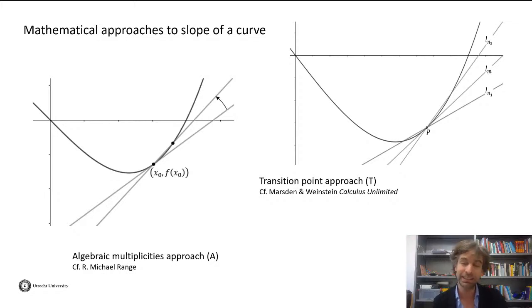But if I wriggle it a little bit, a new intersection point will show up, either above the point or below the point. They say it's sort of a transition: if there's a transition from 2 intersection points to 1 intersection point to 2 intersection points again, then you're at the right tangent line, and then you have the slope of your curve. There's more to it than I can say now, but I can promise you it's very beautiful. So if you have time to look into this approach, please do.